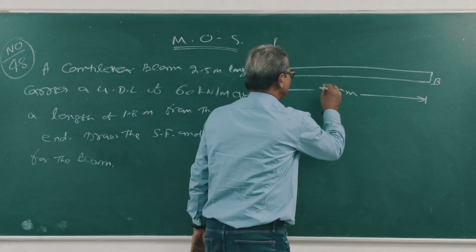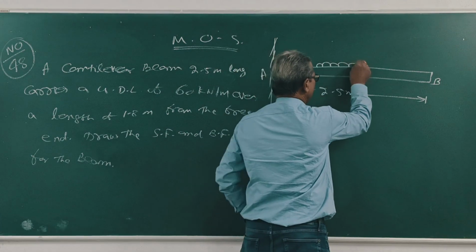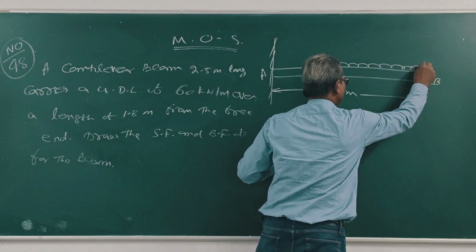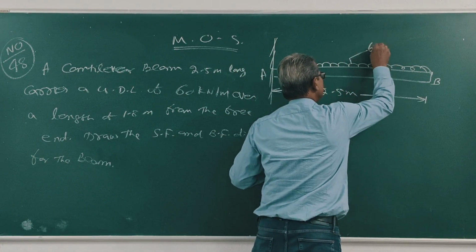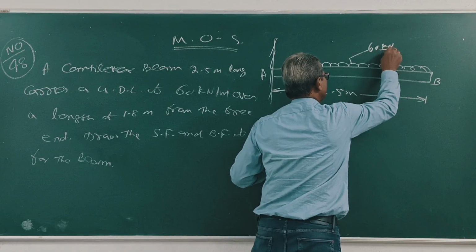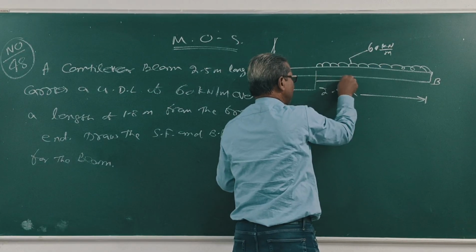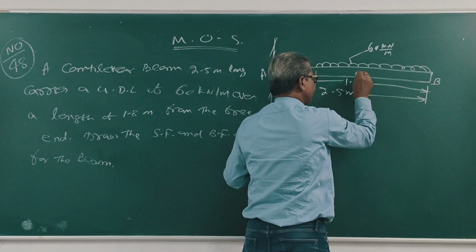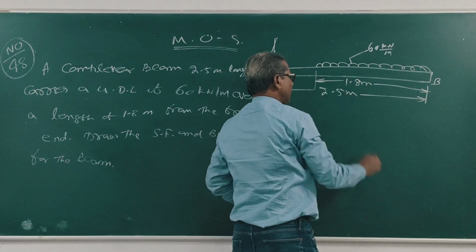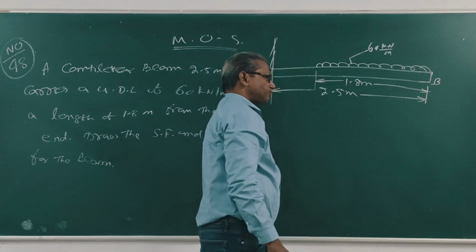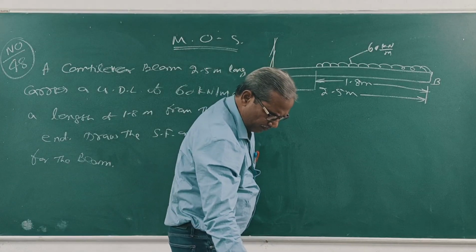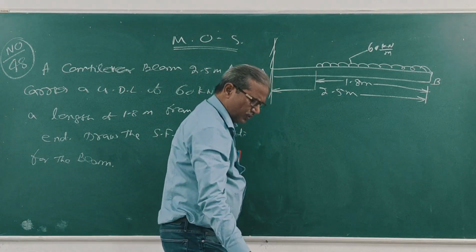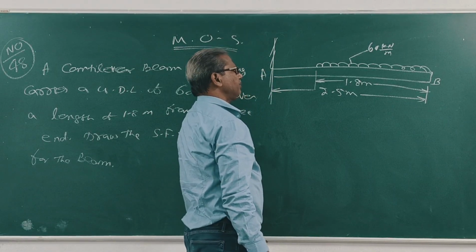This is the free end. This is the UDL, 60 kilonewton per meter for a length of 1.8 meter. Clear? Draw the shear force and bending moment diagram for the beam.